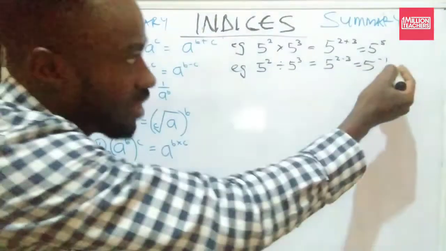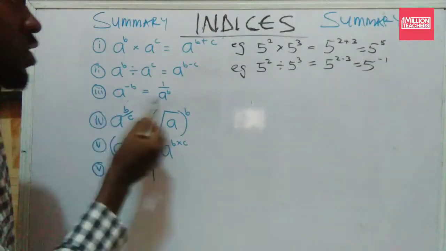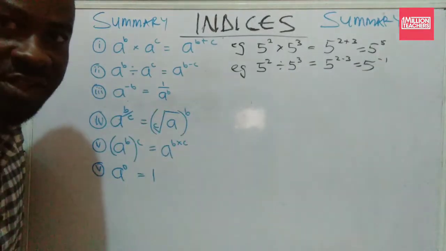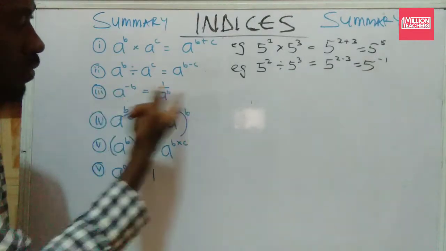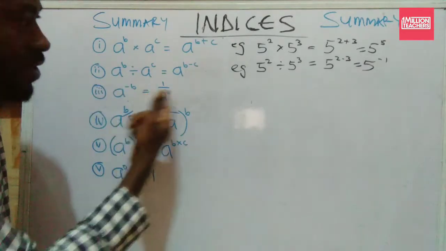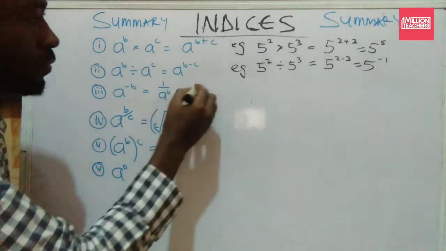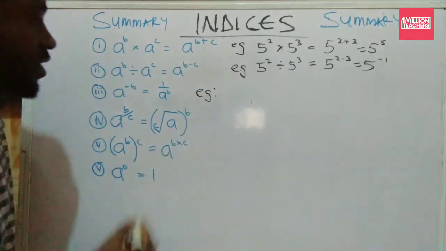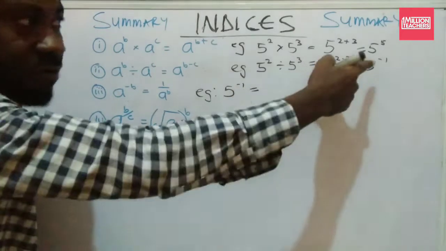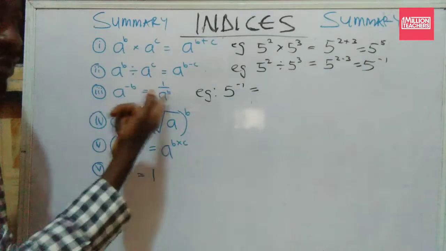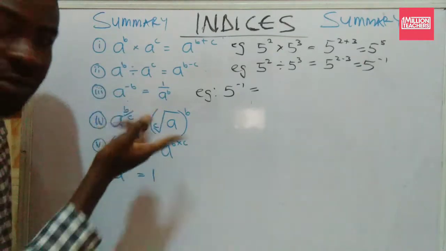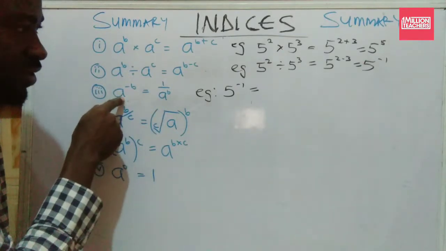And if you want to simplify that further, that will take us to the third law. So let's go back to this third law. I call it the negative index law, whenever the power is a negative number. For example, if I have 5^-1, just as we have here, the third law says anytime the power is negative, take the inverse of the base.